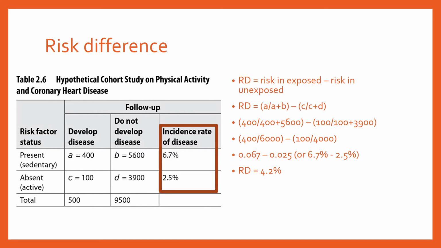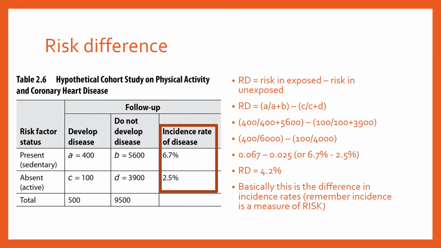So in this situation, 6.7 minus 2.5, you've got a risk difference of 4.2%. What this means is that there's a higher risk of, in this case, coronary heart disease, which is the outcome, if you're sedentary compared to being active.